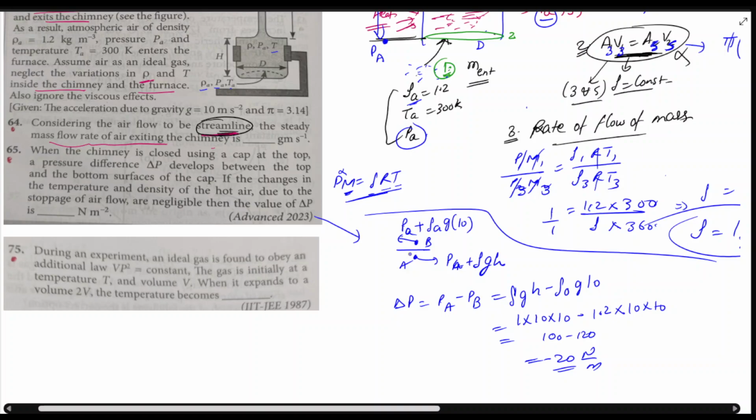So minus saying that PB will be more. Okay, PB will be more. But if you solve it again using the solution from JEE, according to JEE this should be 9, right?